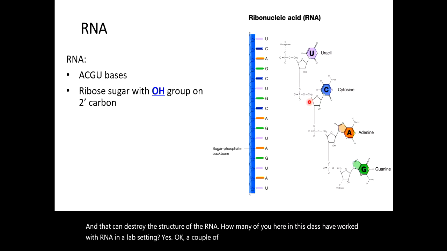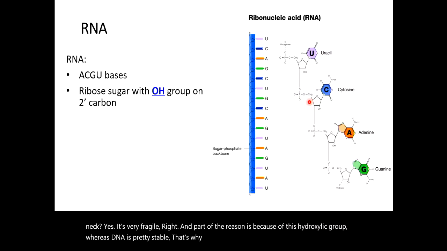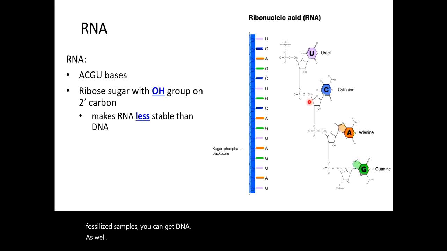Is it fun to work with? Is it a pain in the neck? Yes. It's very fragile, right? And part of the reason is this hydroxyl group, whereas DNA is pretty stable. That's why even from samples at crime scenes, or even from some fossilized samples, you can get DNA. So this makes RNA a lot less stable because of that OH group.